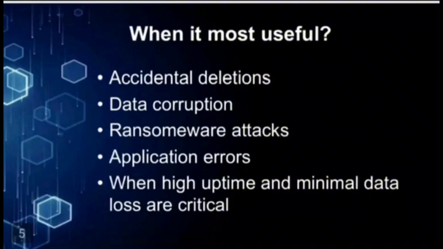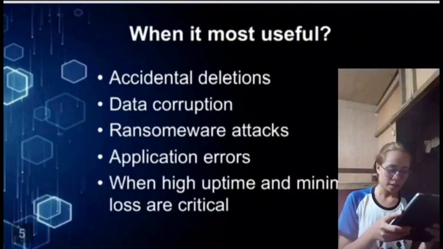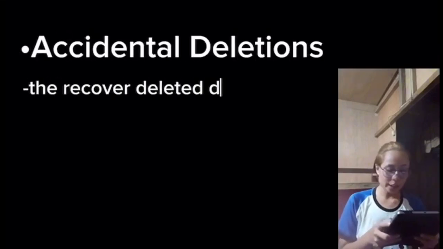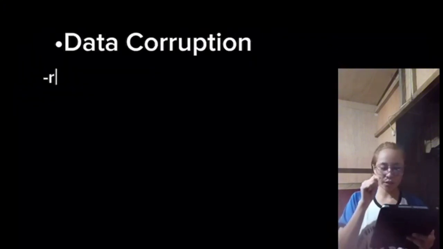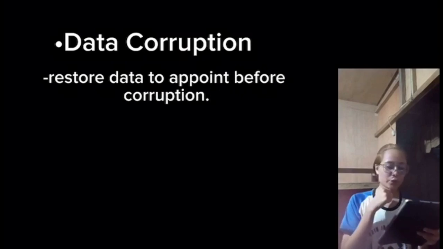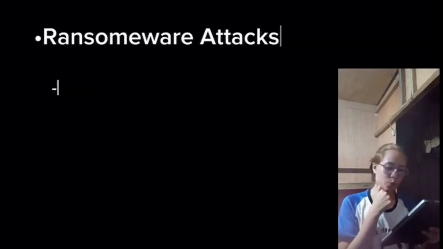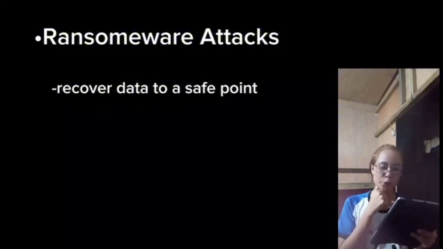So when is point-in-time recovery useful? The first one is accidental deletions, where you recover deleted data quickly. The second one is data corruption, where you restore data to a point before the corruption. The third one is ransomware attacks, where you recover data to a safe point.